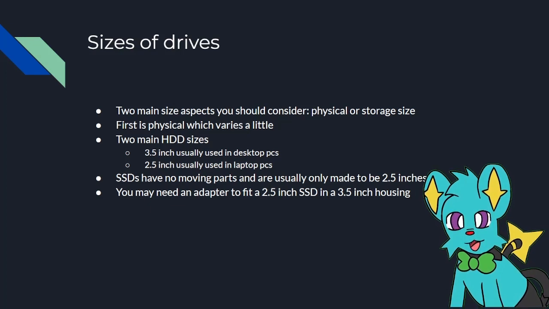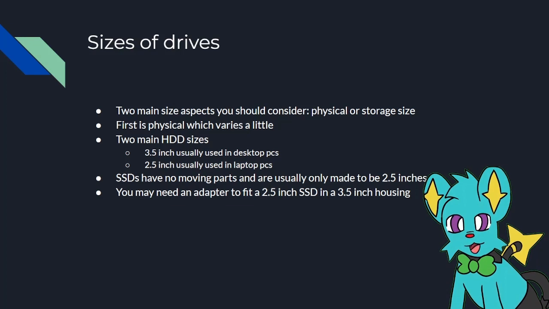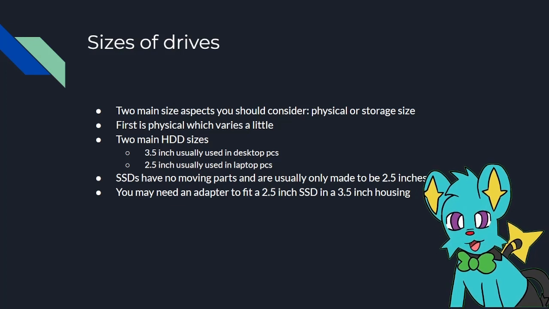There's 2.5-inch, which are usually used in laptop PCs. Solid state drives have no moving parts and are usually only made to be 2.5 inches, and you may need an adapter to fit a 2.5-inch SSD into the 3.5-inch housing used for normal hard disk drives.